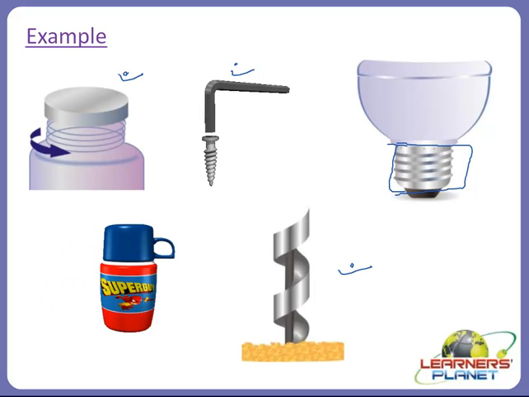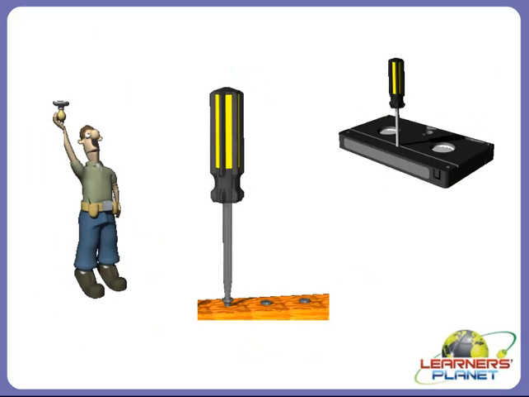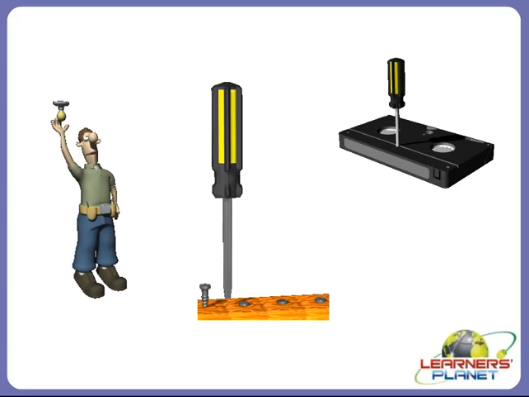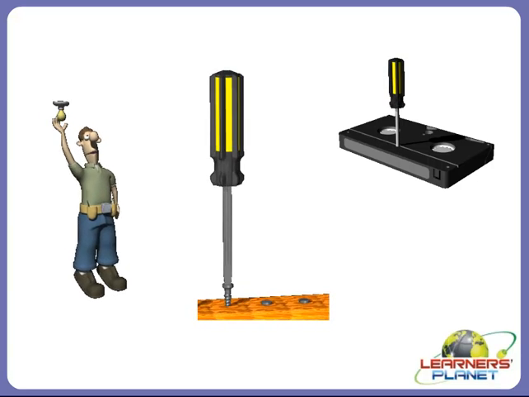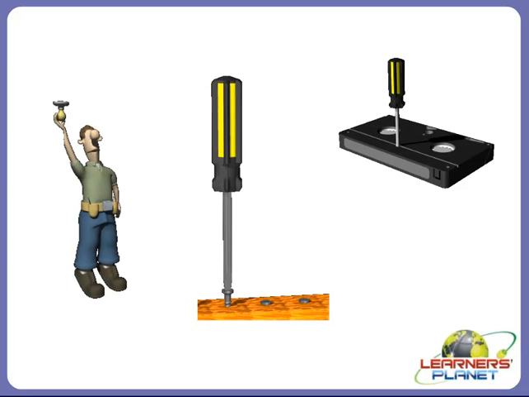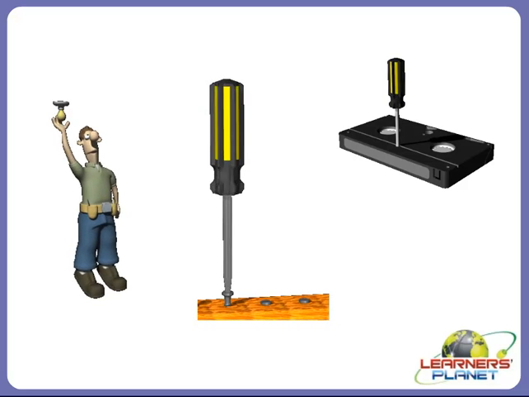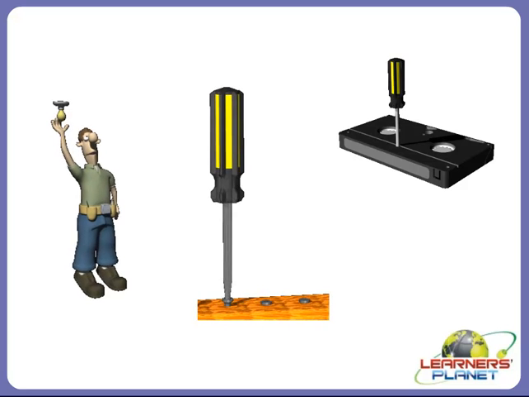Even the bulb which we saw right now, a person is fitting a bulb. While fitting also, we can say that the lower part of the bulb acts like a screw that fits into the holder, and we can switch on the bulb.